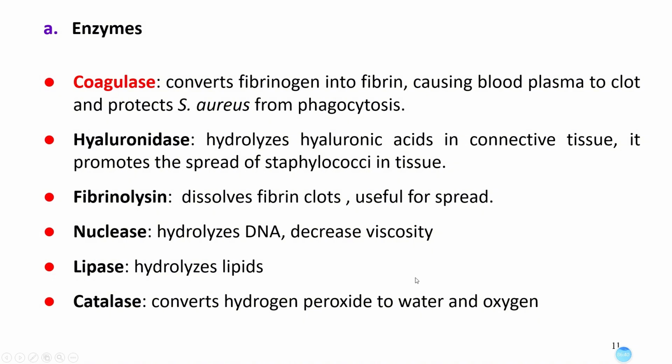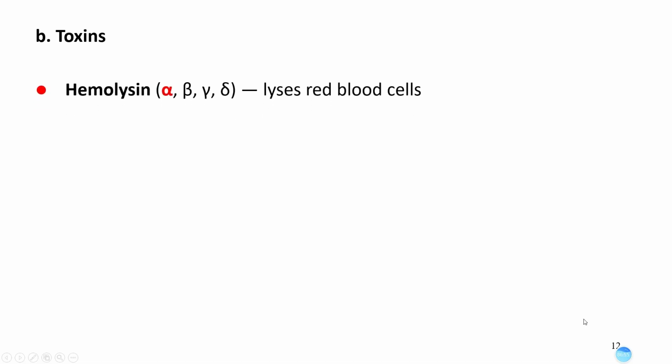So these are the important enzymes produced by Staphylococcus aureus. And they also produce several important toxins. Like, let me show you. They are able to produce hemolysin. Hemolysins. In this word, first part, hemo, what's the meaning of hemo? Blood, right?